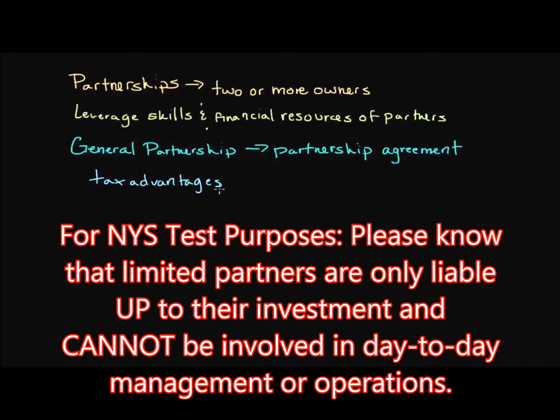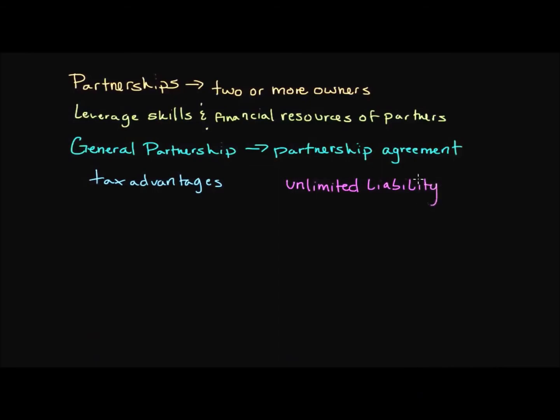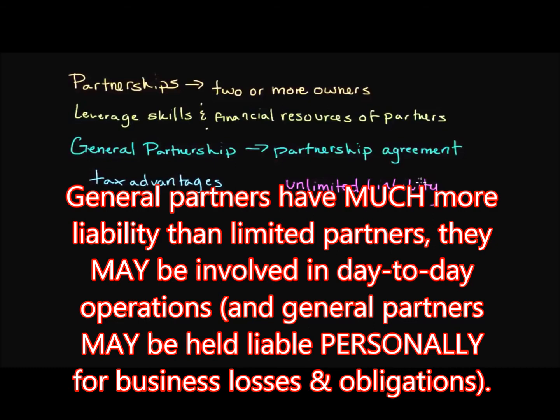Now, one of the significant disadvantages of a general partnership is, once again, this idea of unlimited liability. And in fact, unlimited liability is even more of an issue in a general partnership. Because if you recall back to a sole proprietorship, the idea behind unlimited liability is if your business, for whatever reason, was not able to pay its debts or continue to operate and had some debt available, creditors could pursue the owner and their personal assets as a way of making the debt whole essentially.